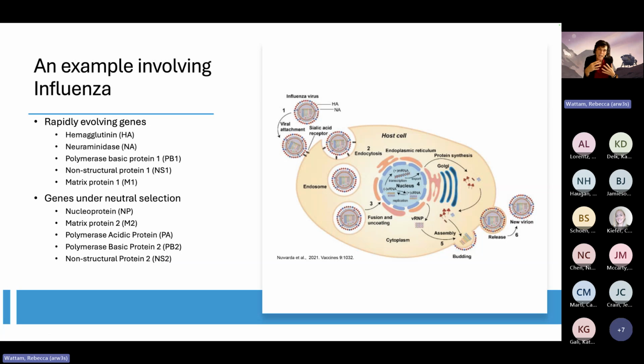The ones that are under selective pressure are things like hemagglutinin, neuraminidase, the matrix protein, everything associated with the viral coat, generally, the viral capsid. And just to point out that hemagglutinin is the thing that finds the host receptor on the cell to get in.